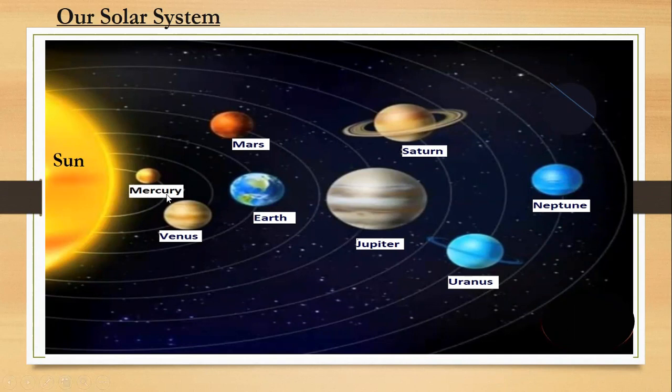So first Mercury, Venus, Earth, Mars, Jupiter, Saturn, Uranus, Neptune. Again, Mercury, Venus, Earth, Mars, Jupiter, Saturn, Uranus, Neptune.